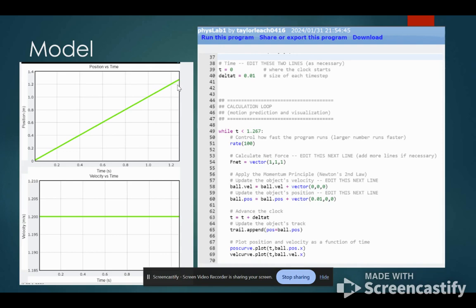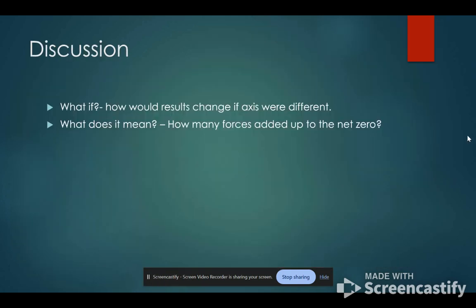But you can see that the velocity stays the same. It does not change, and it is constant, which makes sense as Newton's law states that velocity will remain constant unless the object is acted upon by an outside force.